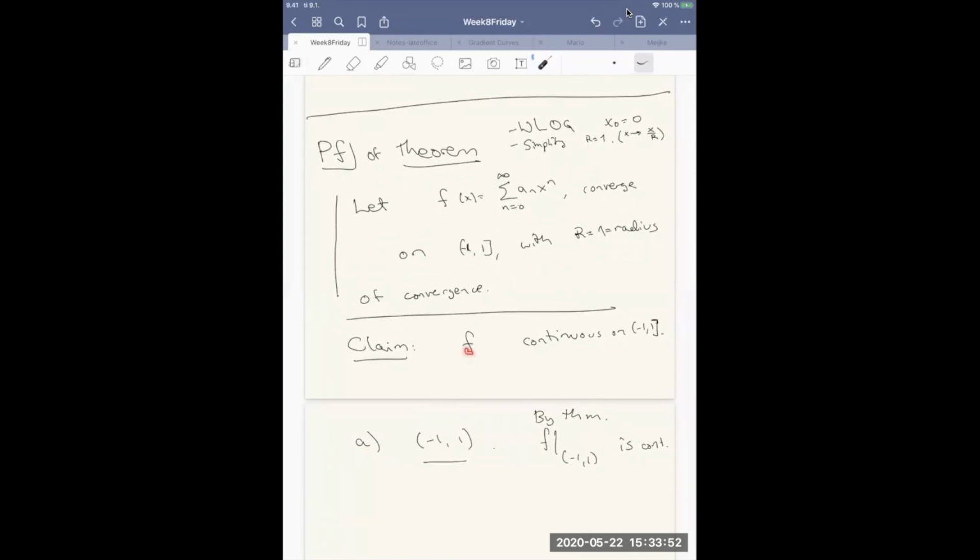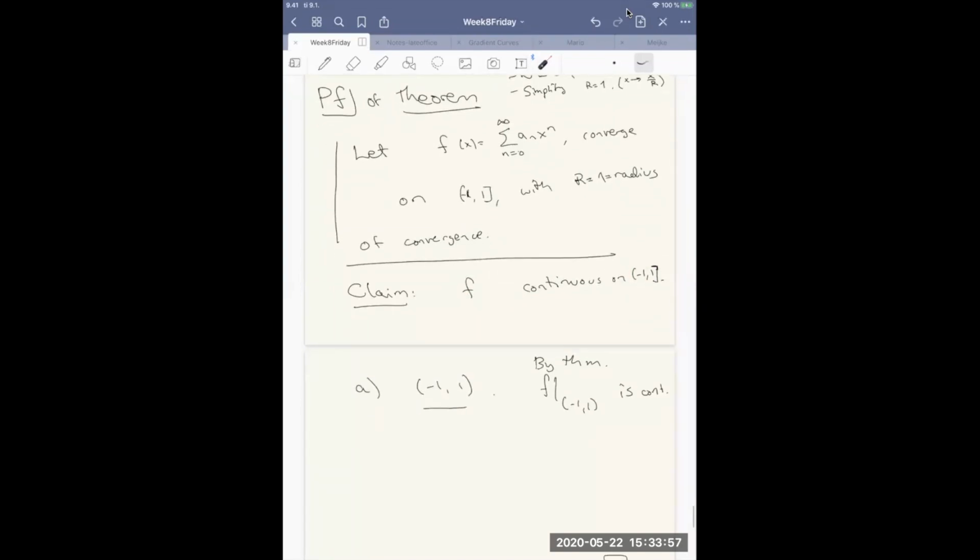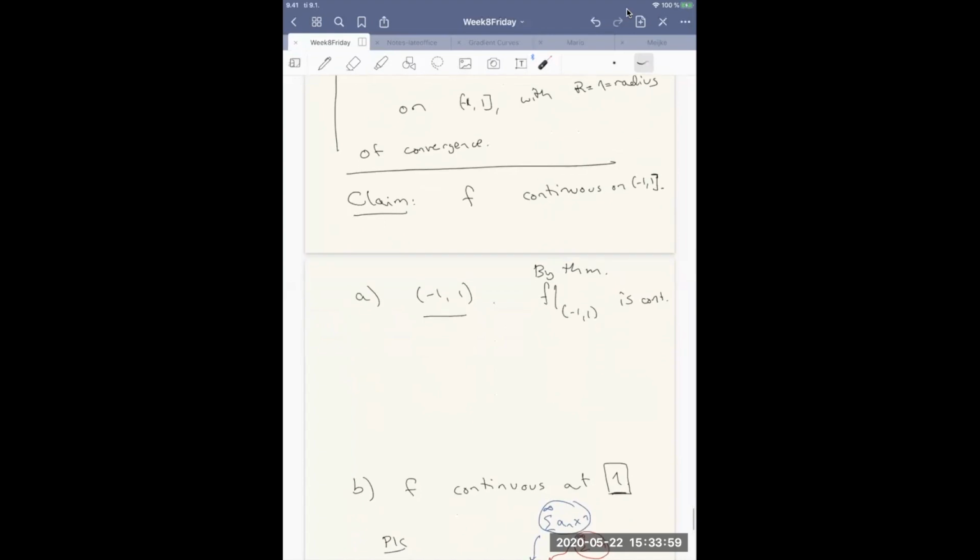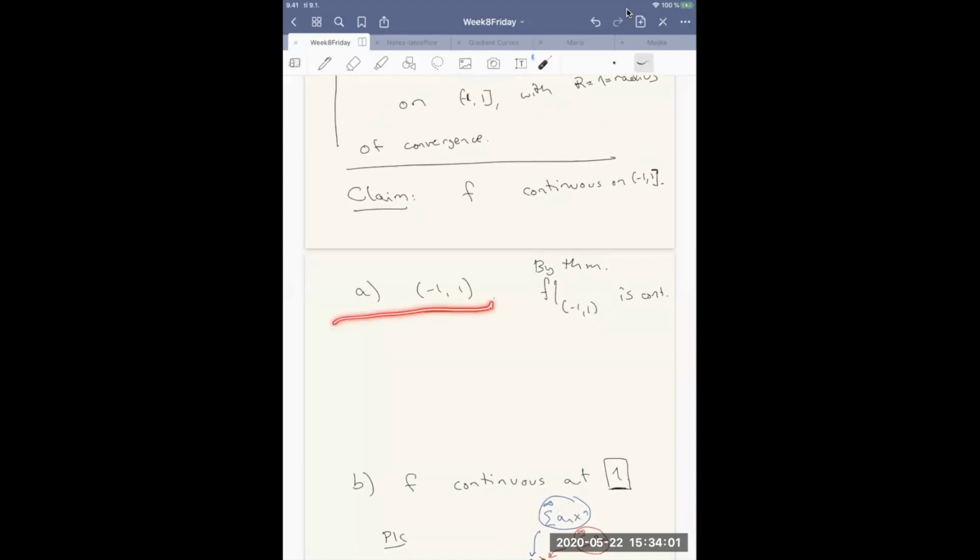Now the claim is that it's continuous on the whole interval where it is defined. So the first part is easy, namely the interior of that set, (-1, 1). And in that case, we know that the function restricted to that open interval is continuous by the theorem about convergence of power series.